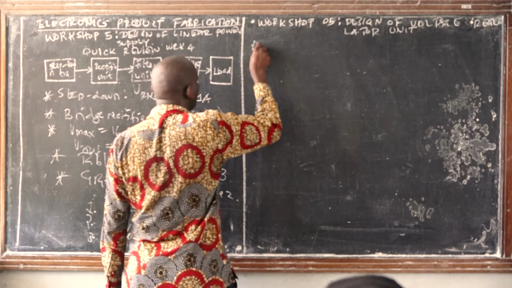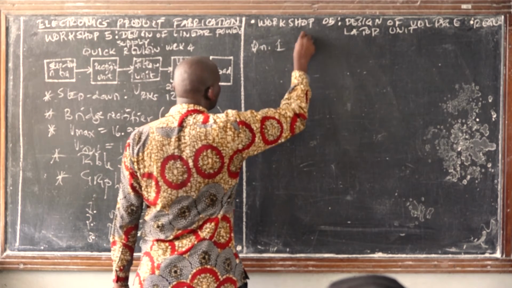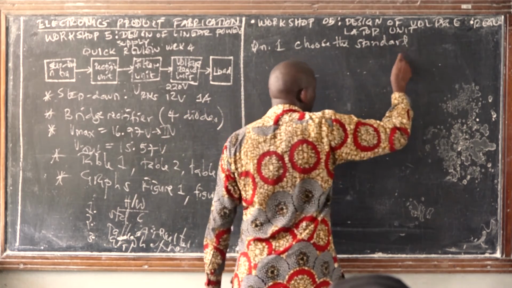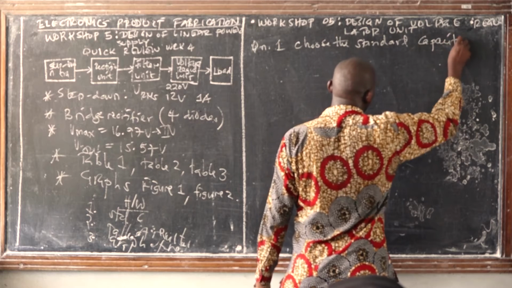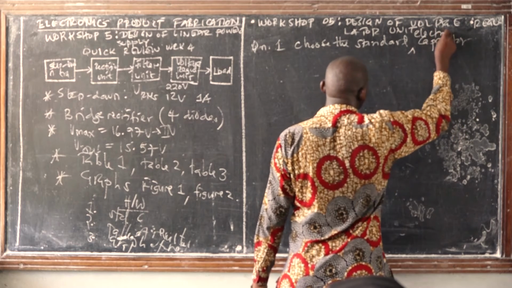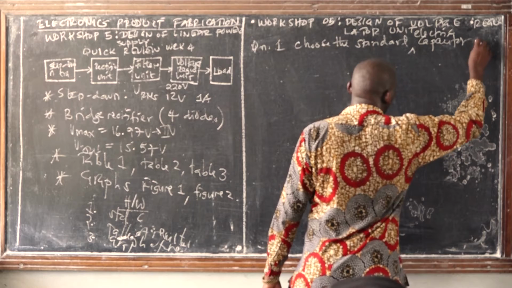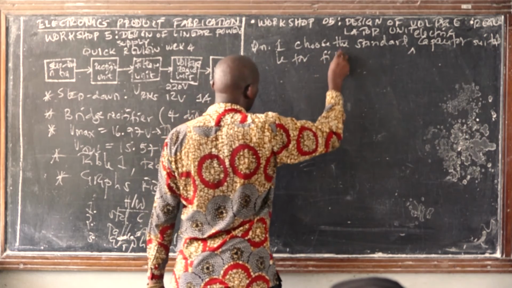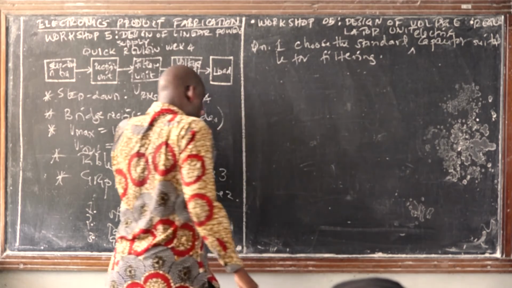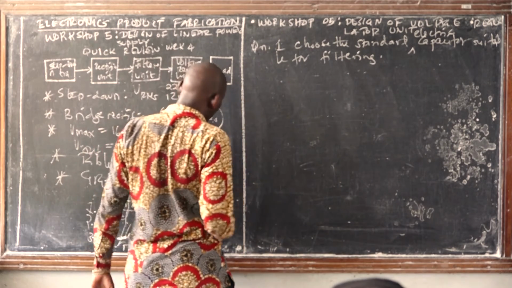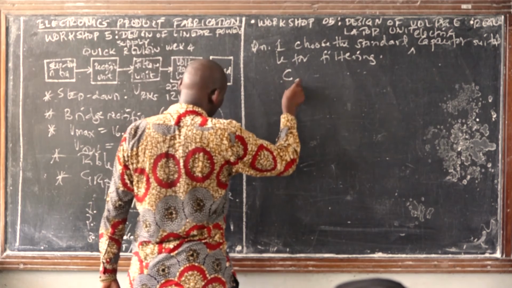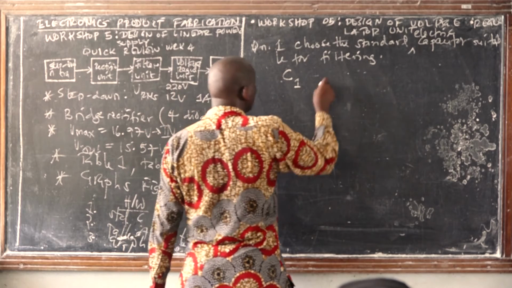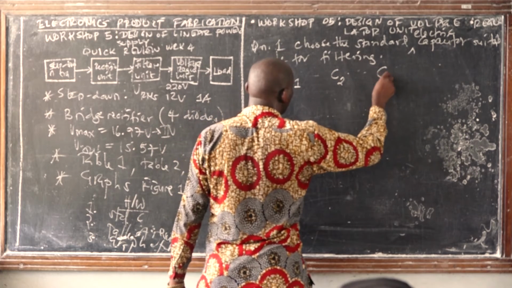The first question was to choose the standard electrolytic capacitor, because you cannot find an electrolytic capacitor of just any value suitable for filtering. In case you have to know different values of standard capacitors, suppose you have the minimum capacitor which has a capacitance less than the calculated one, and then here we have C2, and here we have C3.